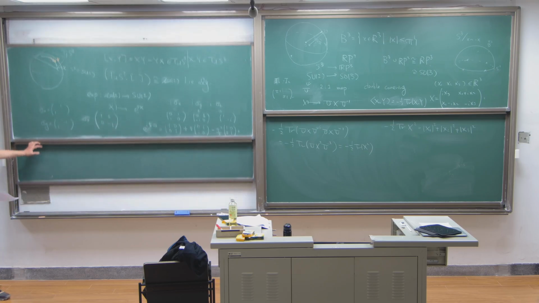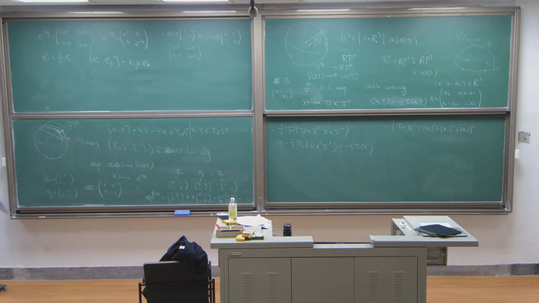And then RP3: if you consider SO3, SO3 is isomorphic to RP3. And here RP3 is just S3 where you identify opposite points. Therefore, locally around the identity element, the tangent space is the same as the tangent space at the identity of SO3.